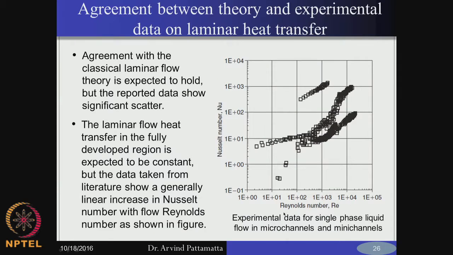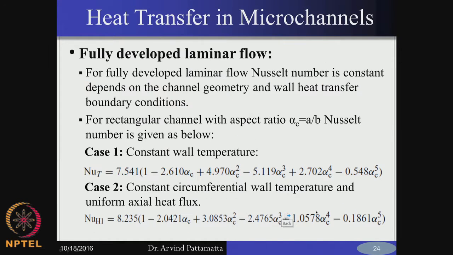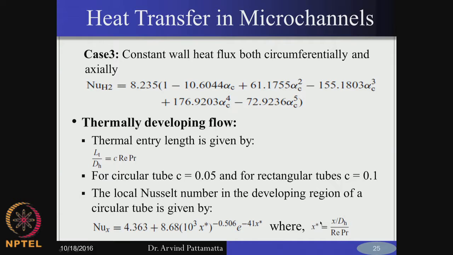Again it depends on what kind of channel cross section. Most likely you may not have a circular tube, you may have a rectangular cross section. So, then you have to use the appropriate correlation for the developing flow for a rectangular cross section. Okay. So, you have to use some correlations available in the literature, where, based on a lot of experiments, they have given an empirical curve fit for the developing region for non-circular cross sections.